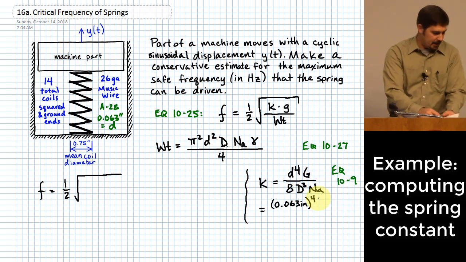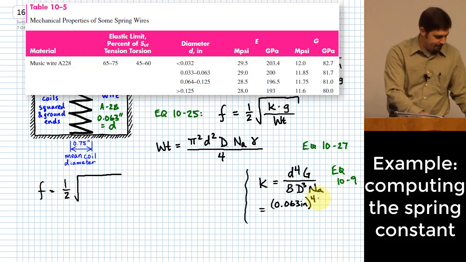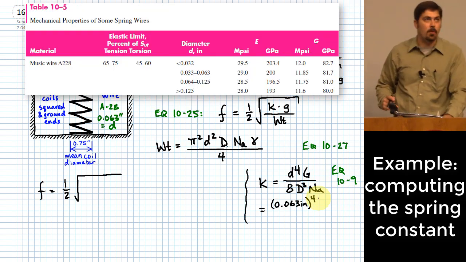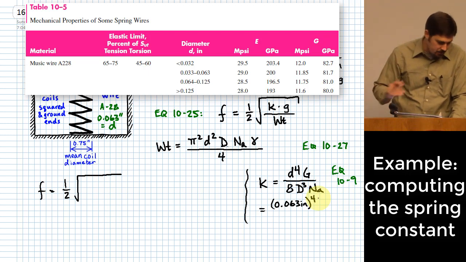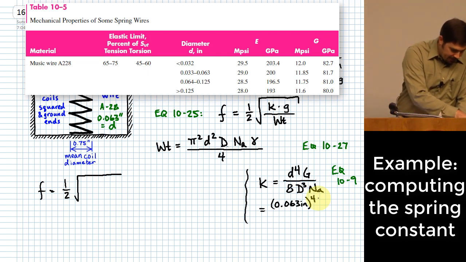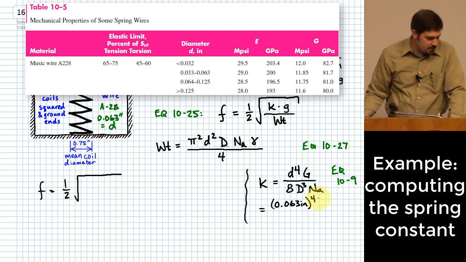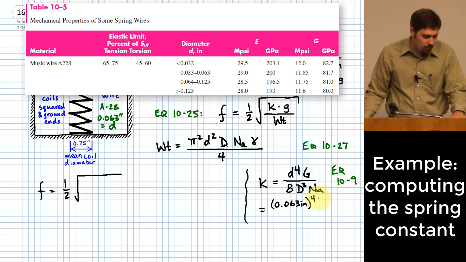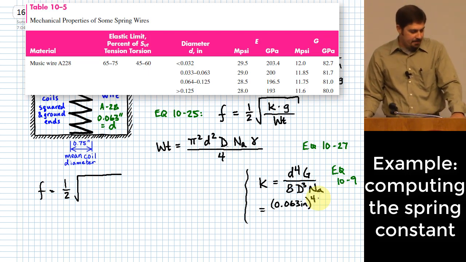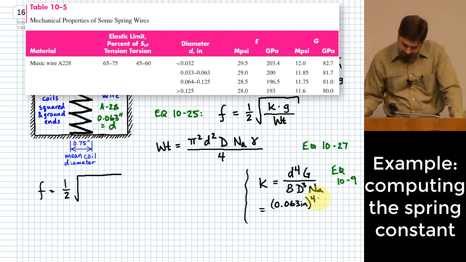Okay, yeah, I believe it's table 10-5. We are dealing with music wire, and for music wire with a diameter of 0.063, such as this one, we look that up, and it's basically the second entry under music wire in that table. For that wire diameter, it gives you 11.85 Mpsi.